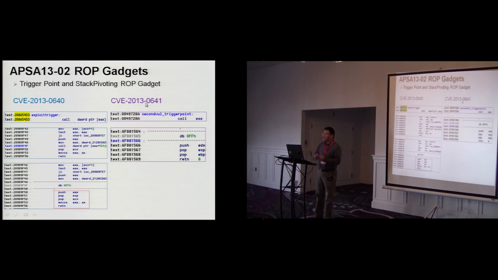They have another exploit targeting a sandbox bypass 0-day. They use another gadget here to call and do a very similar thing, push EDX and pop ESP. This is the way people use a ROP gadget to do the stack pivoting. Of course, this attack has lots of gadgets. If you want to understand more, you can search online, as lots of people have published the details.